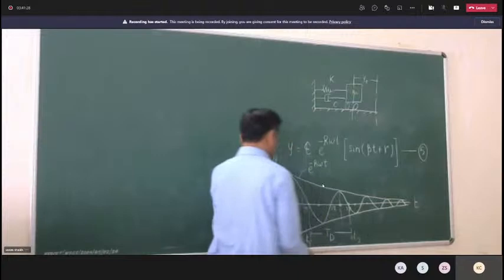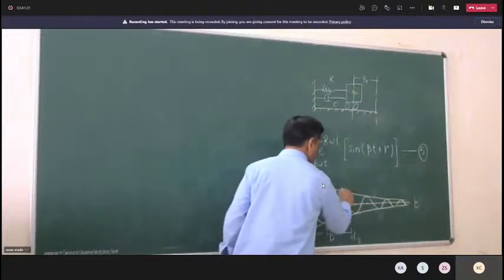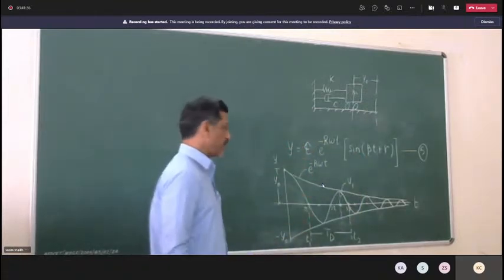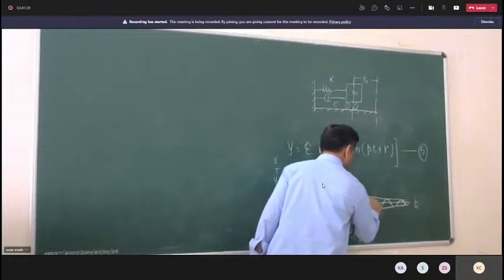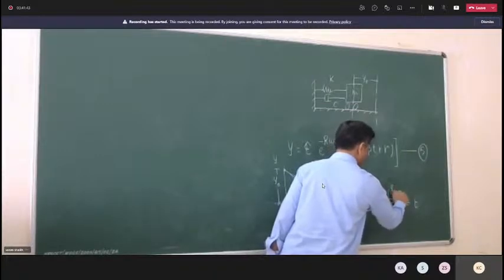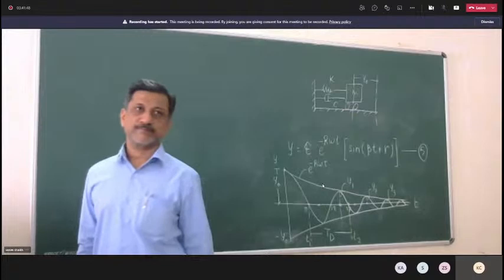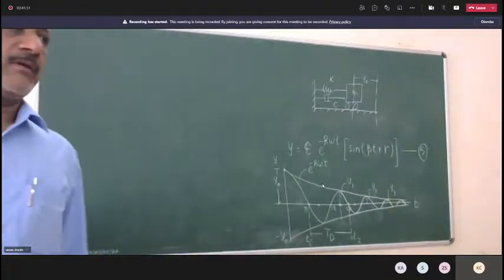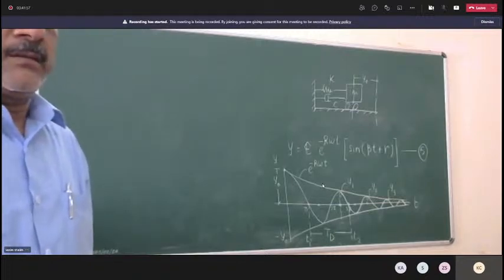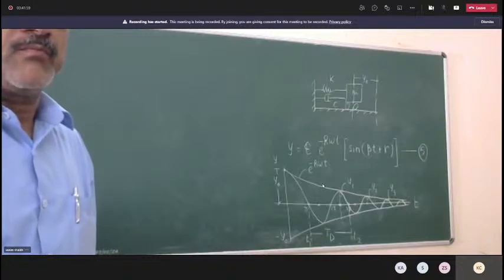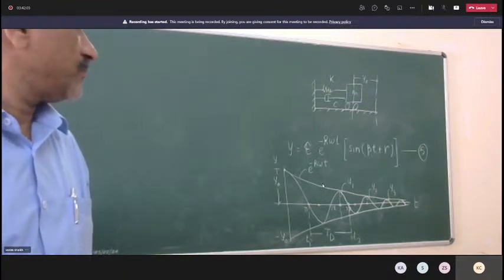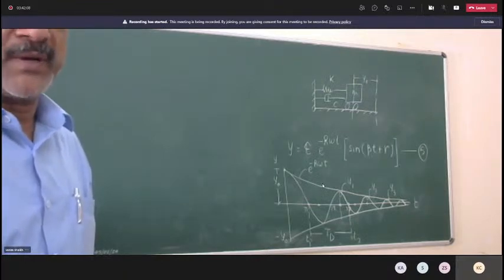Let me call this y0. After the reduction in amplitude after the first cycle, y1, y2, y3, and so on. Every time the maximum amplitude is reducing because of the presence of damping.